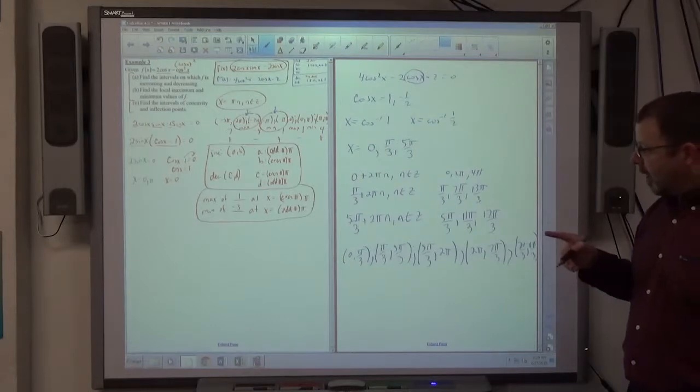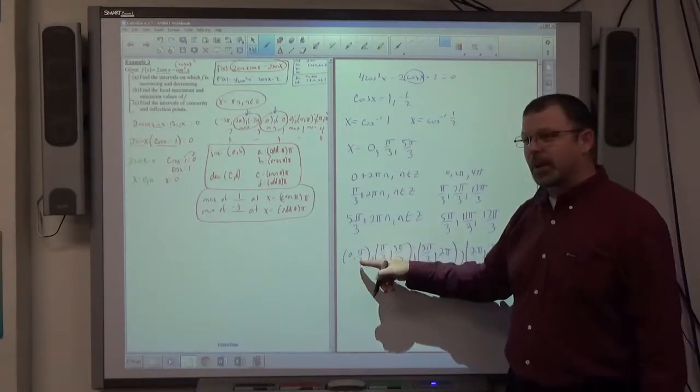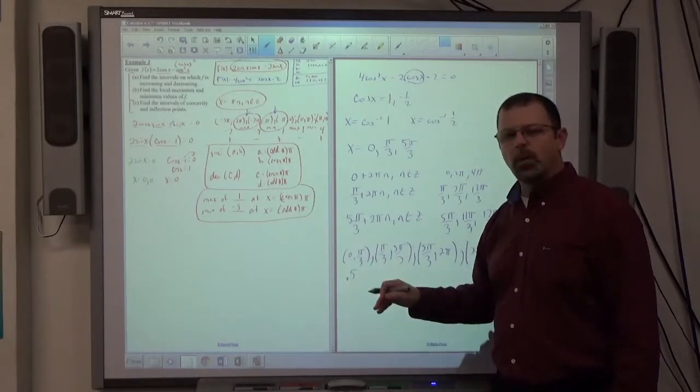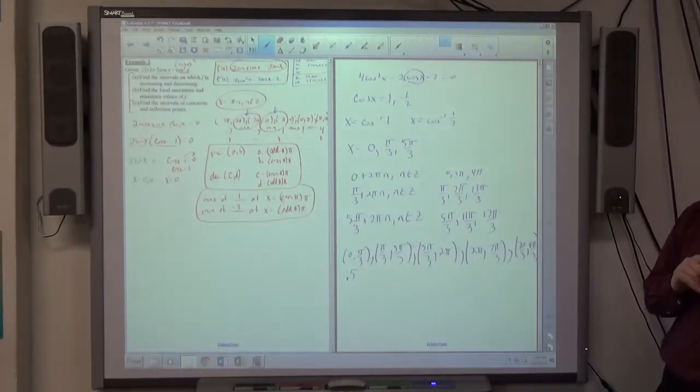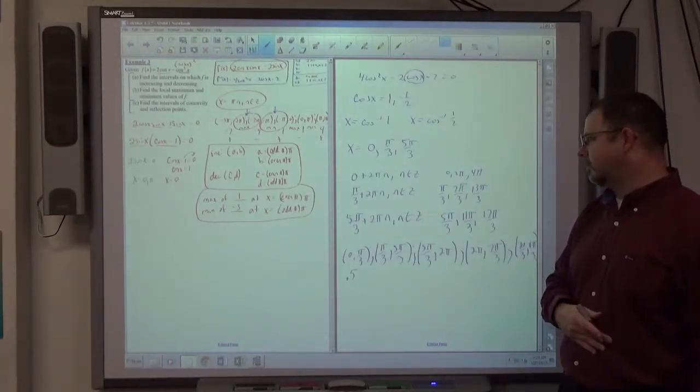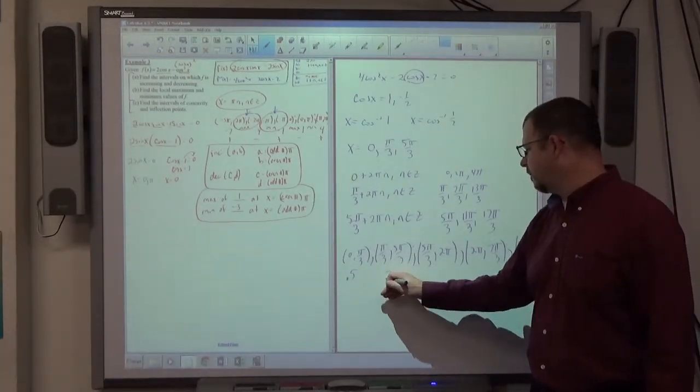And if I'm going to test these intervals, pi over 3 is a little bit bigger than 1, so let's go with 0.5. I don't want to go at 1, it's pretty close. 5 pi over 3 is a little bit bigger than 5, so let's go maybe 3.